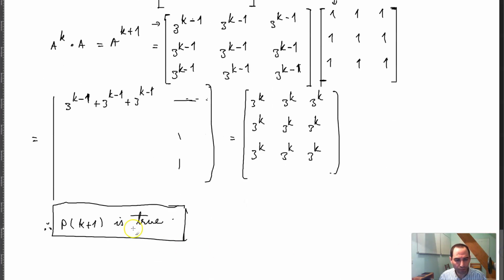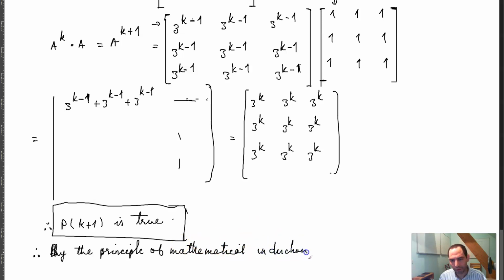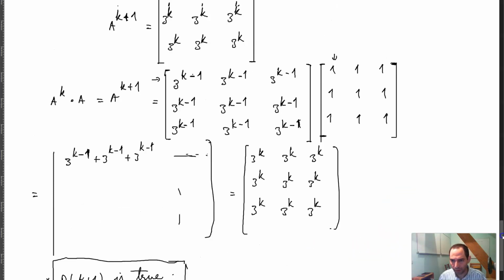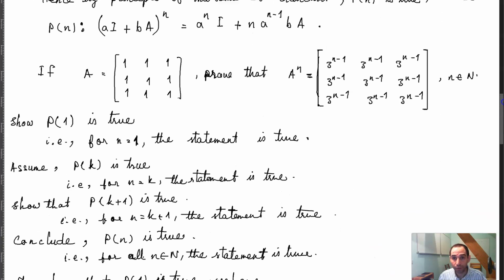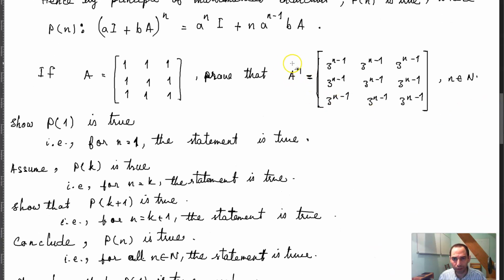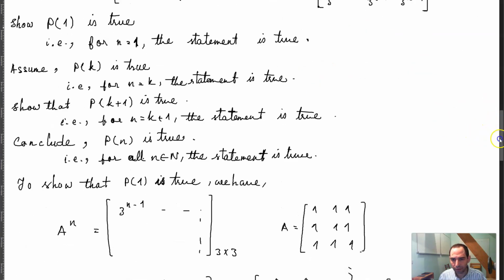P of k is true, P of k plus 1 is true. Therefore, by the principle of mathematical induction, P of n is true.